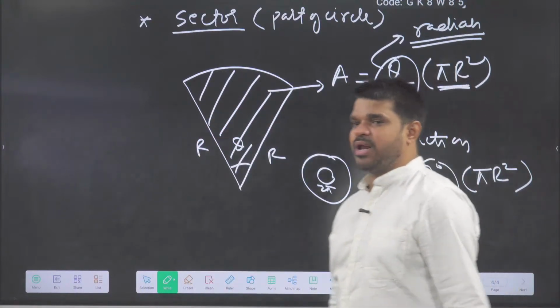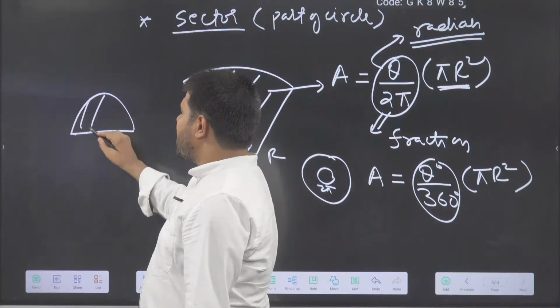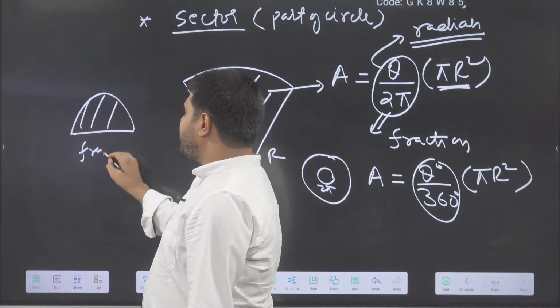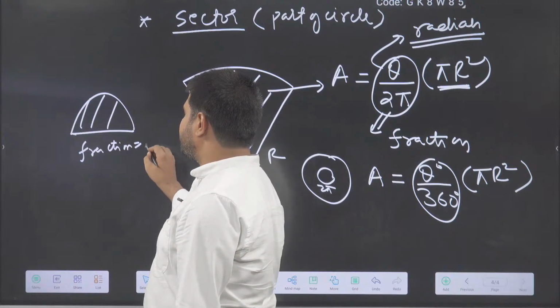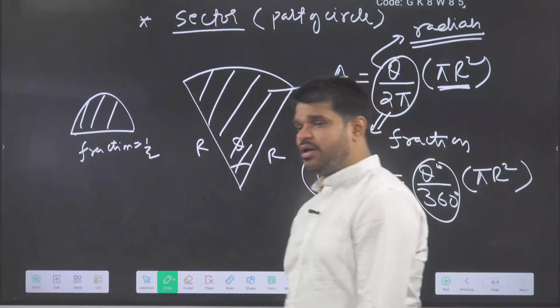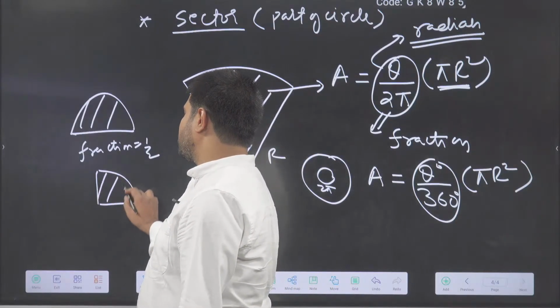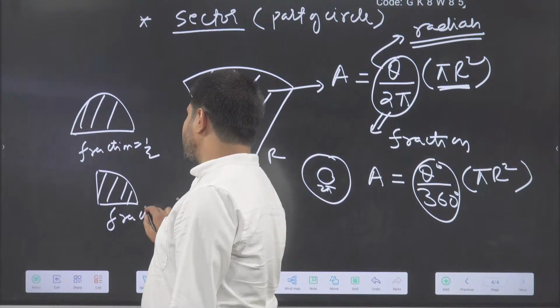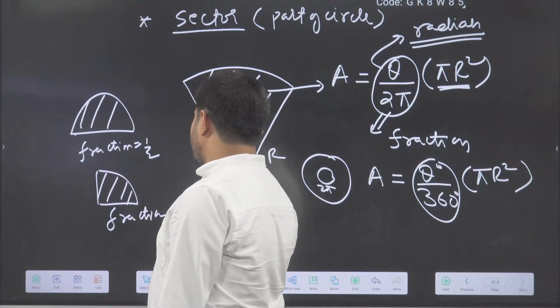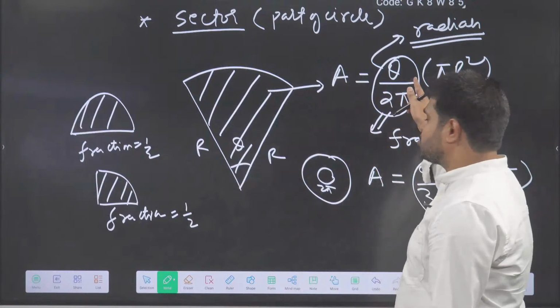Let me give you an example. If I have a semicircle, then the fraction will be half, because a semicircle is half of a full circle. If I have a quarter circle, quarter means 1/4, then the fraction will be 1/4. You will get these fractions by this also.